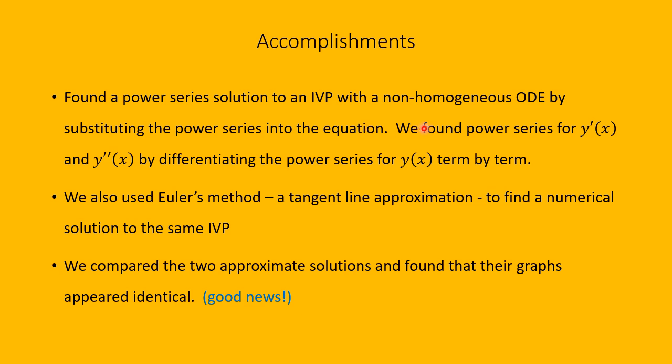And we found power series for y prime and y double prime by differentiating the power series for y term by term. And so we solved the problem using power series. We also solved that same problem using Euler's method, which is basically a tangent line approximation. And we found a numerical solution to the same initial value problem using a pretty small value of h.